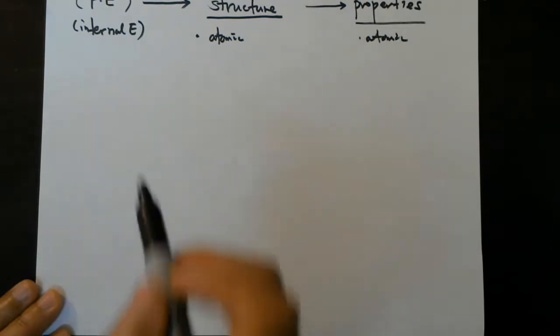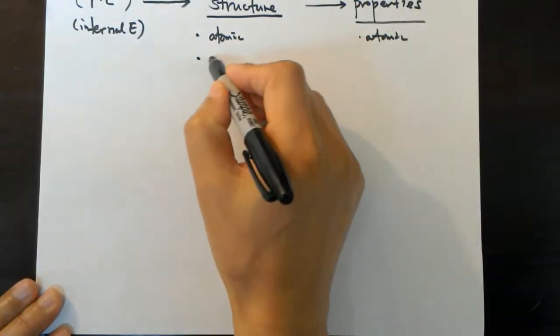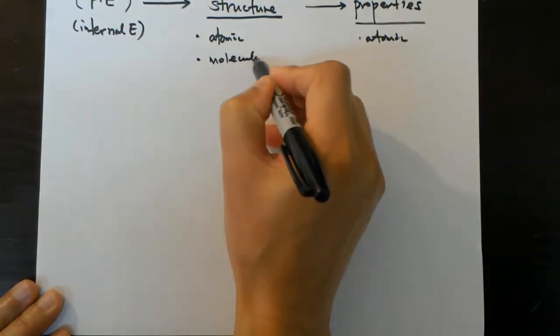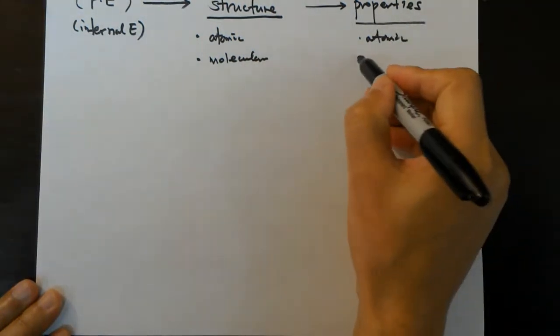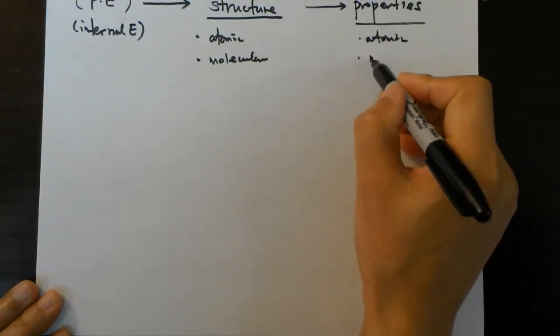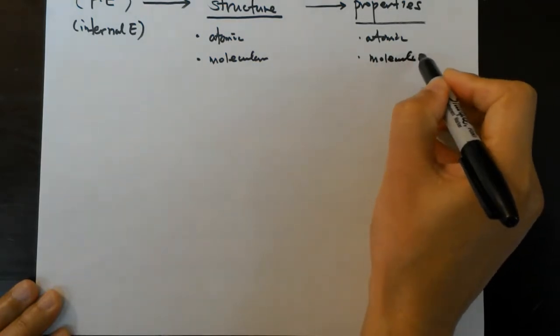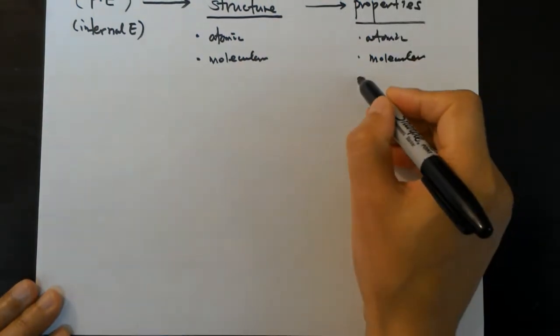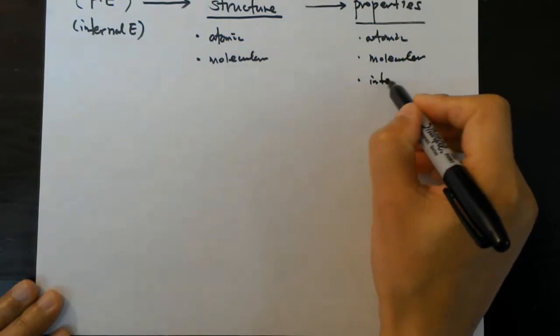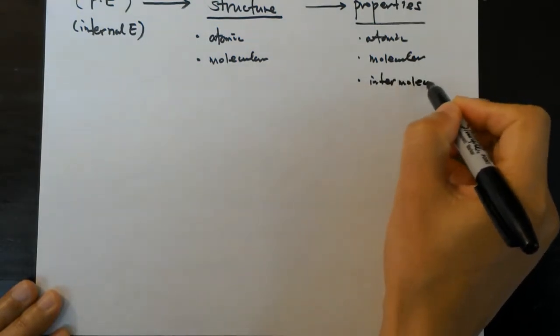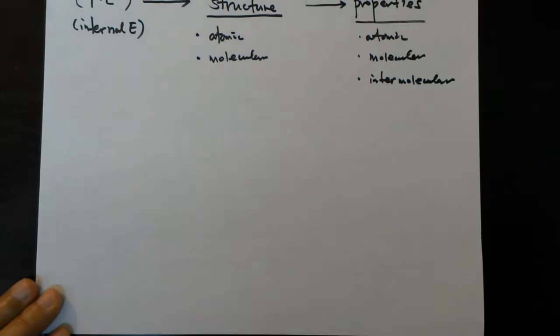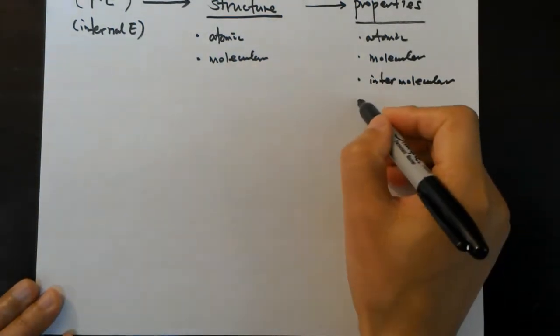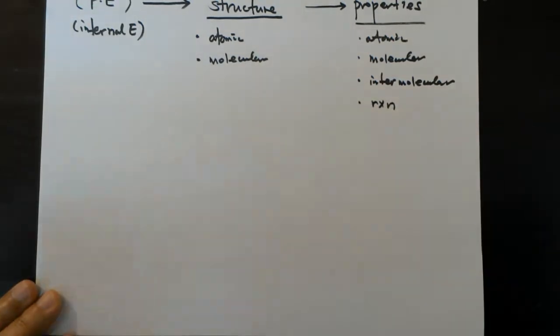But we also started talking about molecular structures, and obviously their molecular properties. Then we briefly discussed intermolecular properties and chemical reactions.